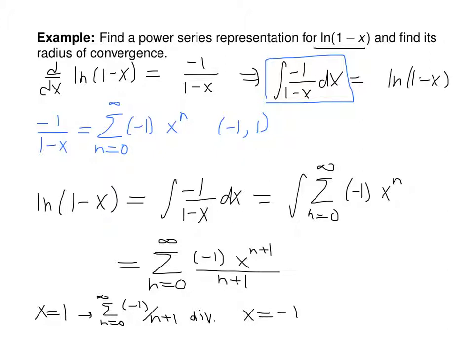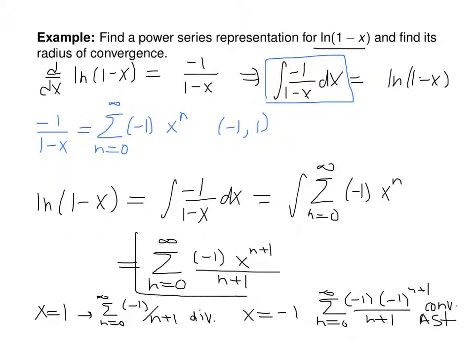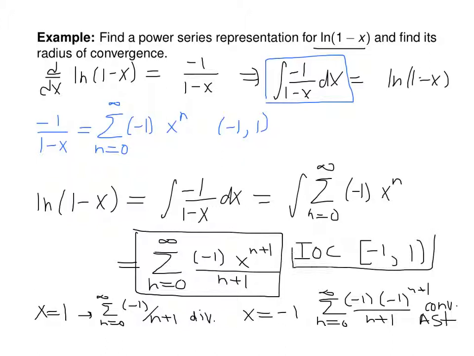However, if x equals negative 1, we have the sum from n equals 0 to infinity negative 1 multiplied by negative 1 to the n plus first, all over n plus 1, and this is going to be an alternating series. So this will converge by the AST. So for the series for ln of 1 minus x, the interval of convergence includes negative 1, but does not include 1.